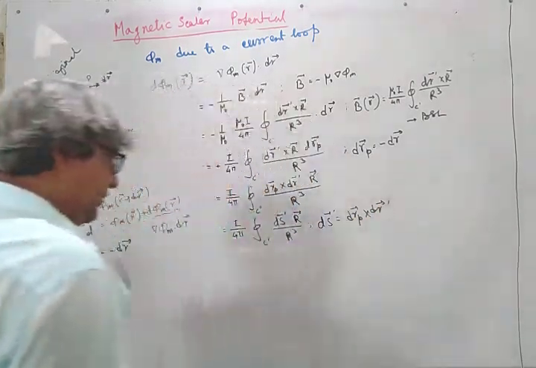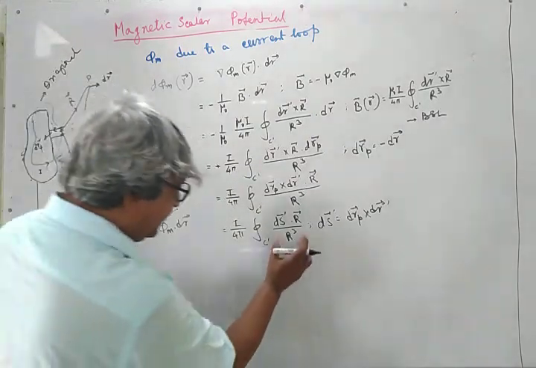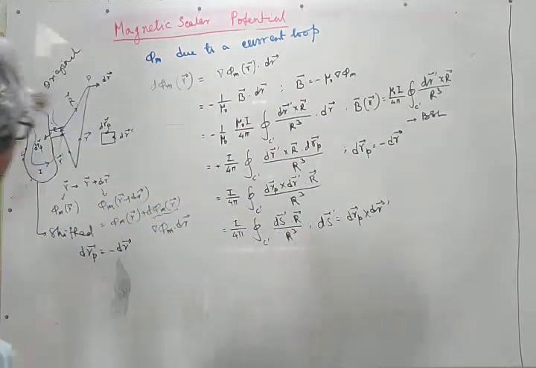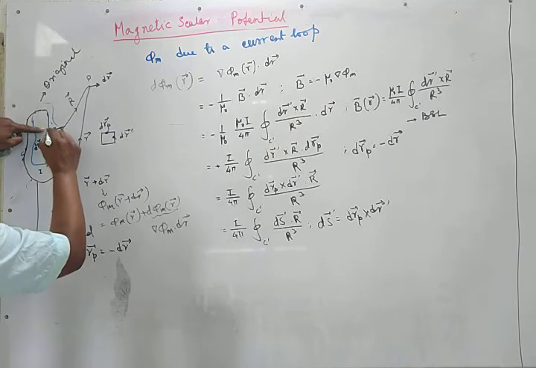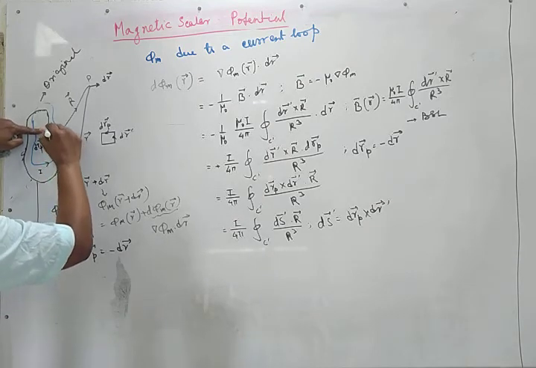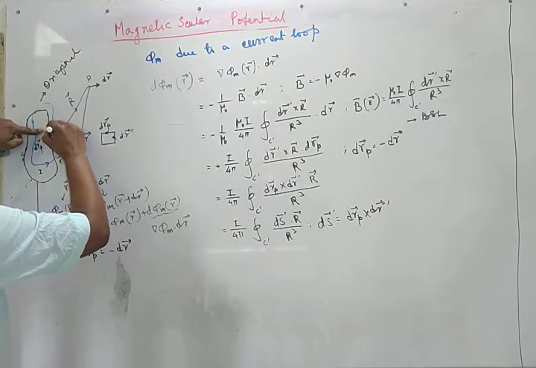So this is the area. In fact, this is the solid angle that this area makes at the observation point.